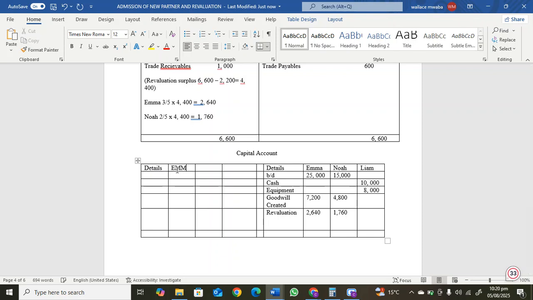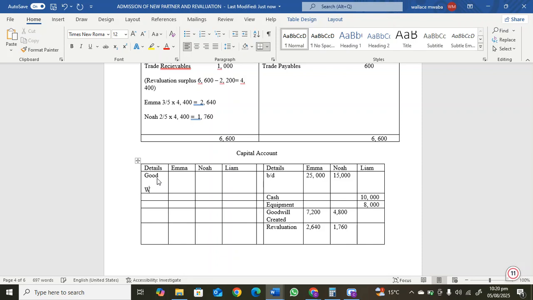Then we come on the debit side. Here we're going to say goodwill write off.